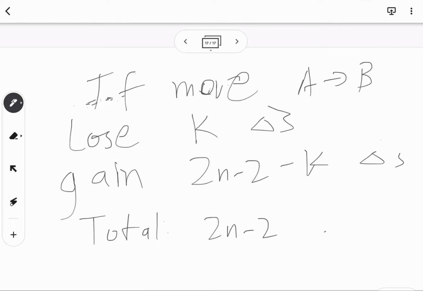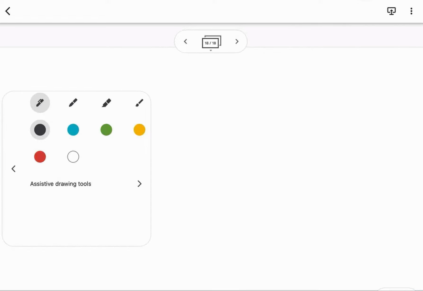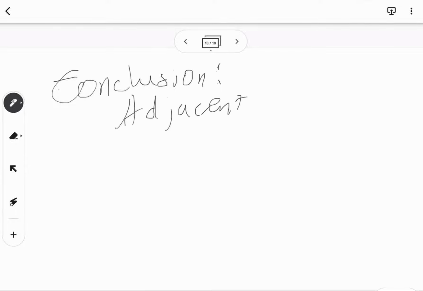And we see that this is even, right? And that means that, what does this mean? This means that, okay, so conclusion: adjacent regions have same parity.